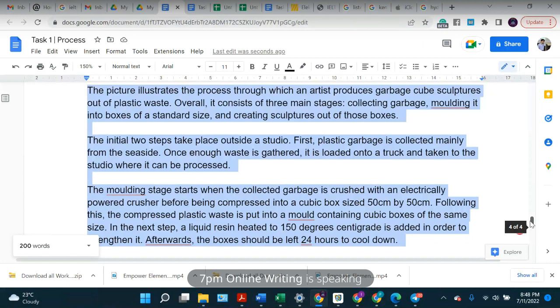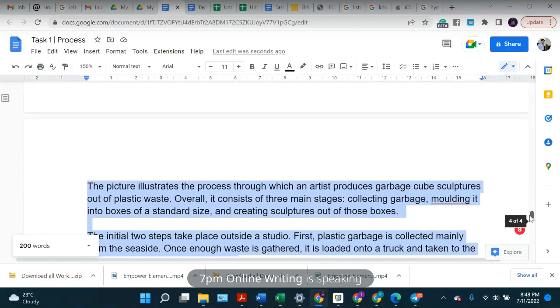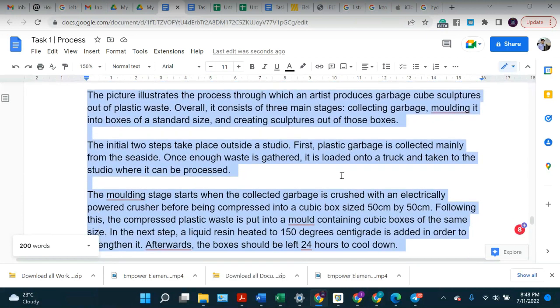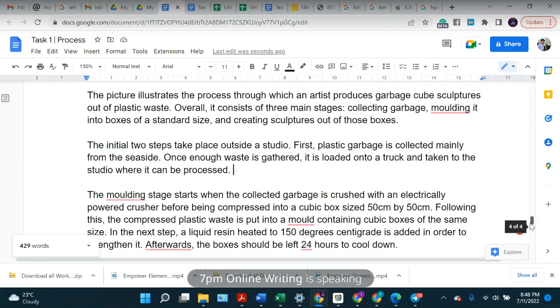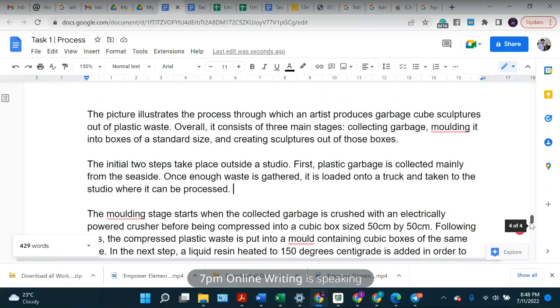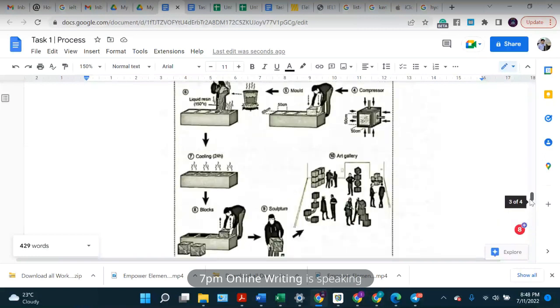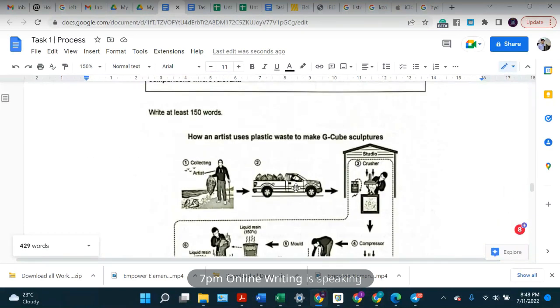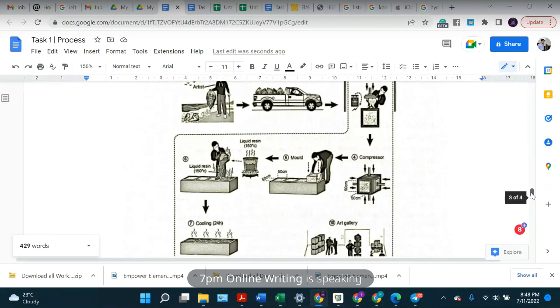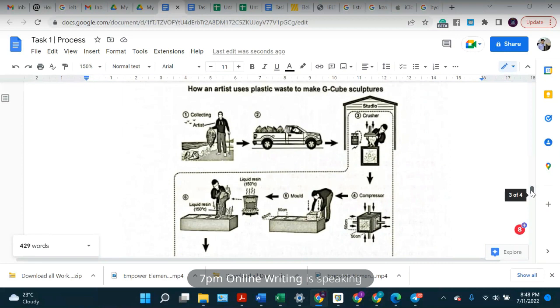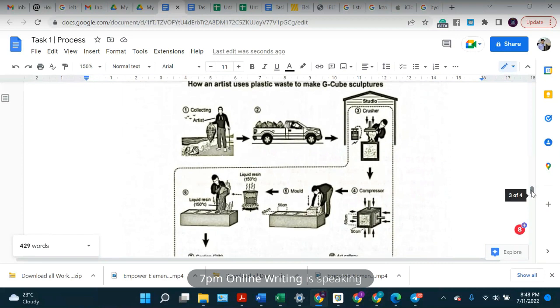I don't know which. In terms of grouping, I was not sure in the beginning, but this turned out really well. Yeah, because Cambridge wanted us to separately describe these 2 steps, and then I was gonna go for crushing, compressing, molding, but you put them together as molding, which kind of made sense.